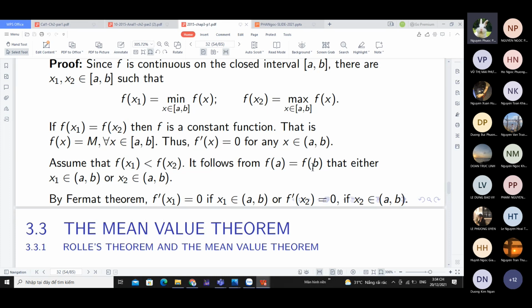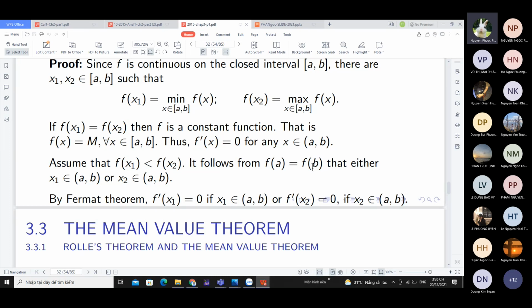It means the function f attains the minimum value at a number x1 of the open interval (a, b). By the Fermat theorem, f prime of x1 equals 0. We choose the number c here, it's just x1. If x2 belongs to the open interval (a, b), by the Fermat theorem, f prime of x2 equals 0.